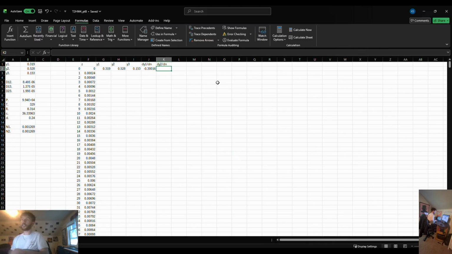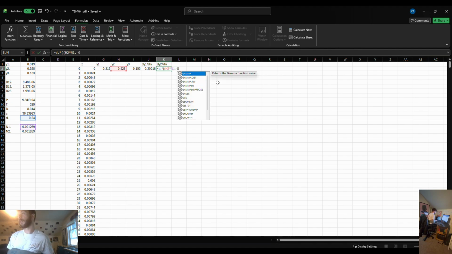Okay, and then essentially it'll be the same for our second one. So we'll say it's equal to our thickness times the mole fraction of methanol times the flux of acetone minus the mole fraction of acetone times the flux of methanol, and then that'll be divided by concentration times the diffusion coefficient.